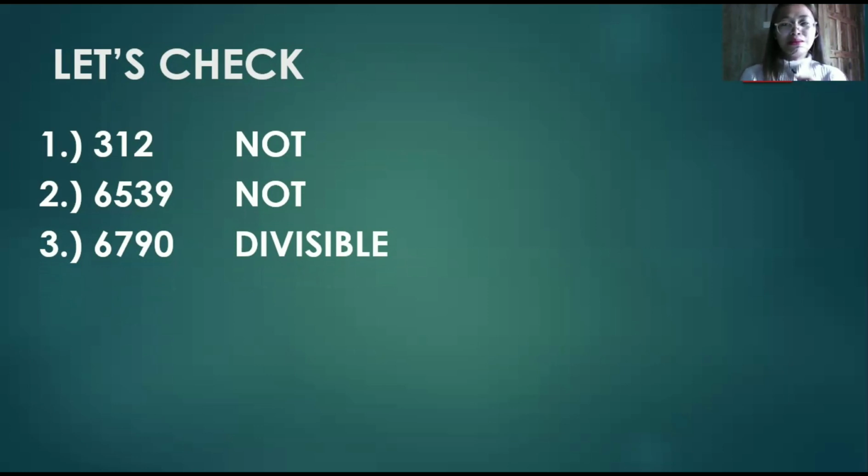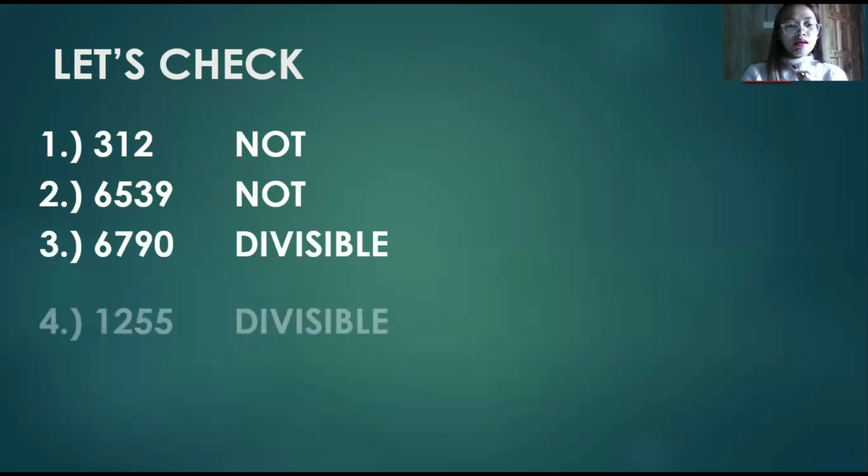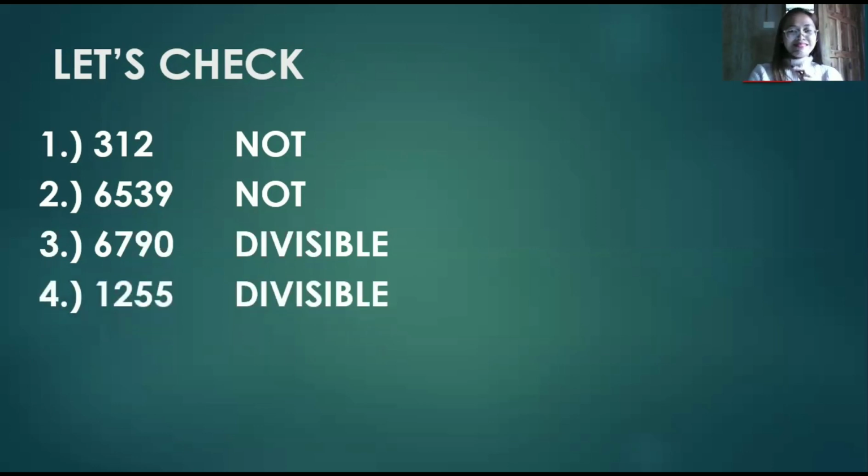Good job to those who got the right answers. Next, number 4. Okay, so for number 4, again, the given is 1,255. As we see, the number ends with the number 5. Therefore, it is divisible by 5.